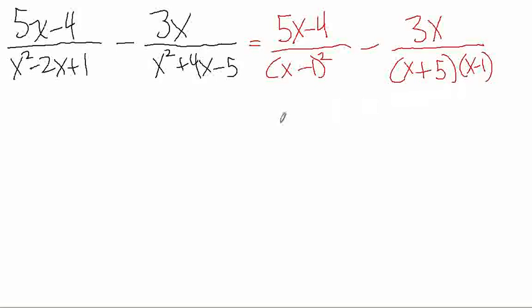Now I determine the least common denominator. For this problem, it'll be (x minus 1) squared times (x plus 5). So now I'm going to multiply the top and bottom of each rational expression by the necessary term. So the first red rational expression, I'm going to multiply the top and bottom by x plus 5.